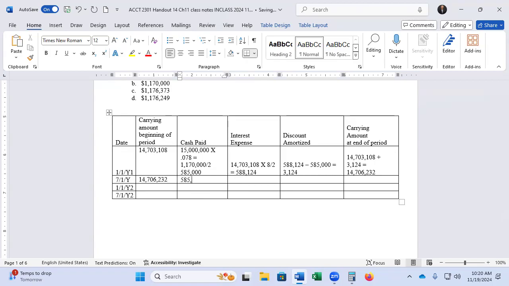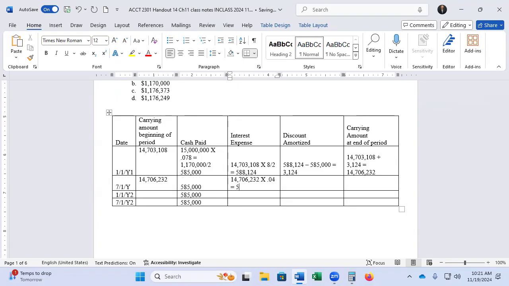We know the payments are going to be $585,000. Also in year 2, which you're going to get to calculate. Same. And here we have 14,706,232 multiplied by 0.04.